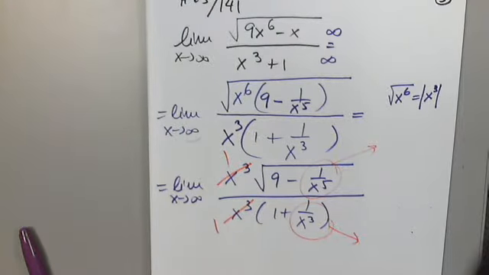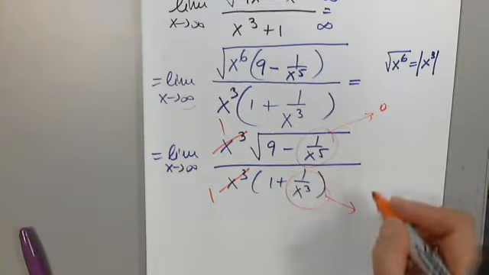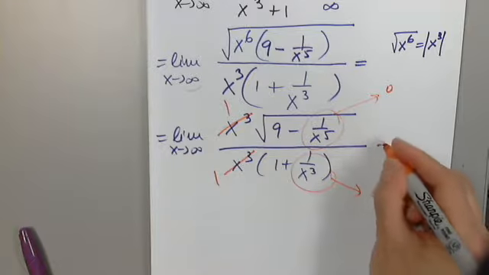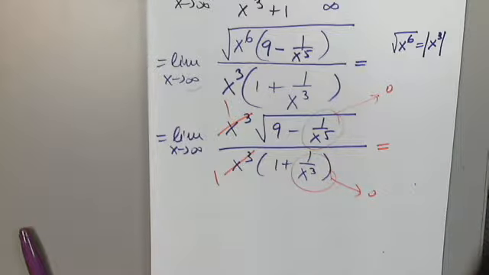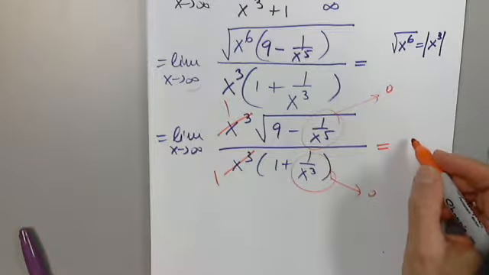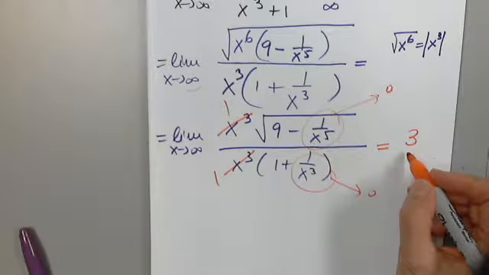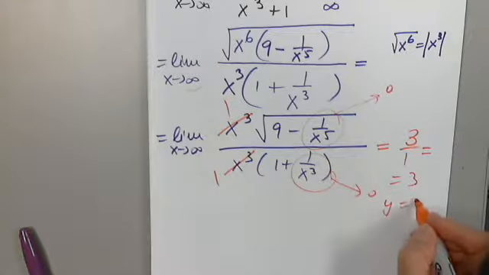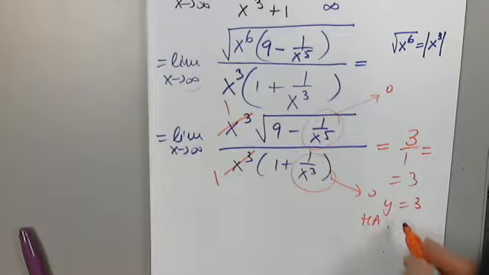Where does this go? 0 and 0. Very good. The square root. Now I can drop the limit operator because I'm getting ready to write the final answer. The top. Very good. The bottom. That's it. So y equals 3 is a horizontal asymptote at infinity only.